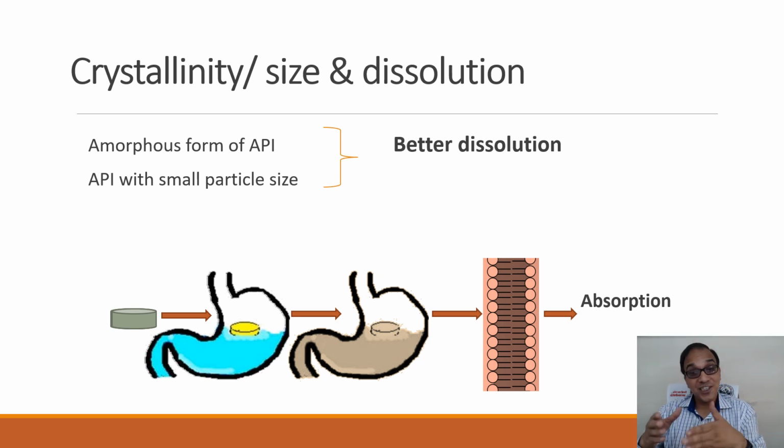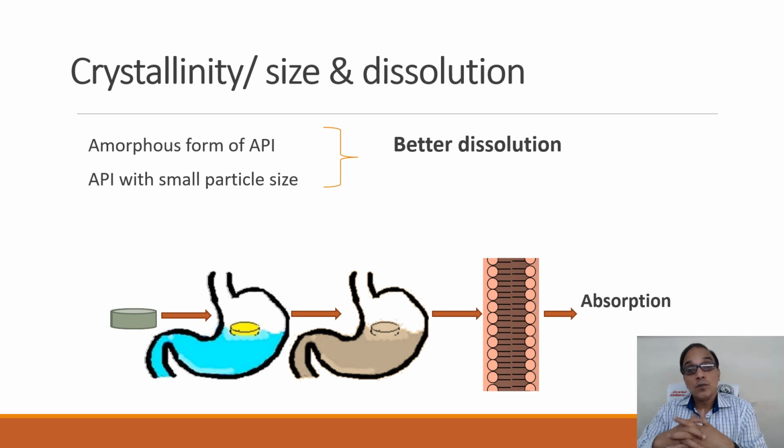Going into solution needs solubility, and solubility and dissolution are the two most important factors. They depend on the particle size, because when we talk about nanoparticles, which we'll discuss in coming lectures, the solubility and dissolution aspects are completely different, unlike normal-size particles.